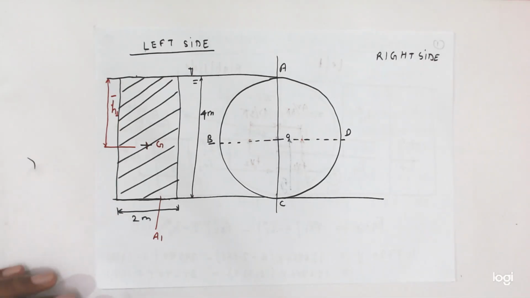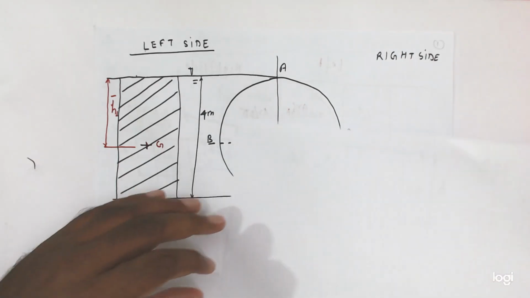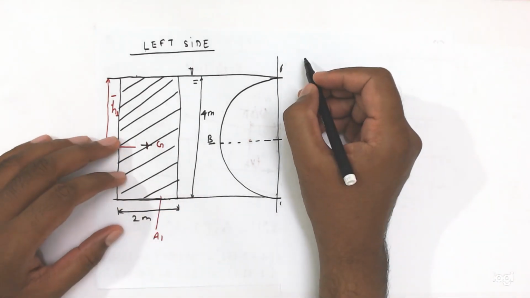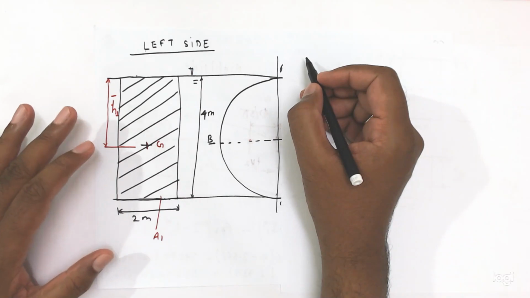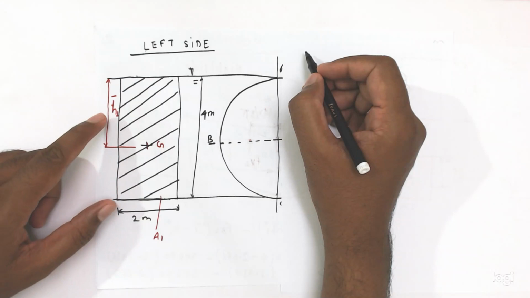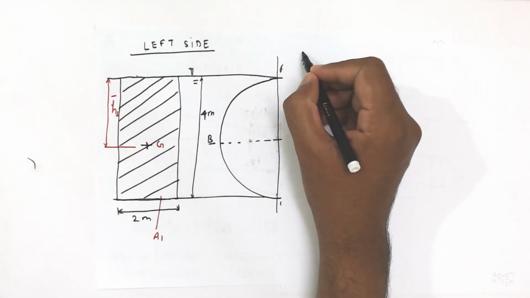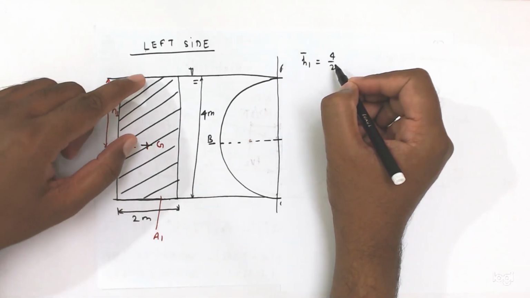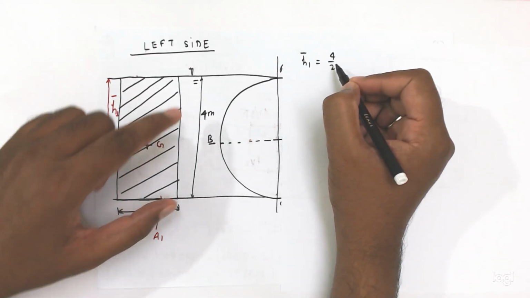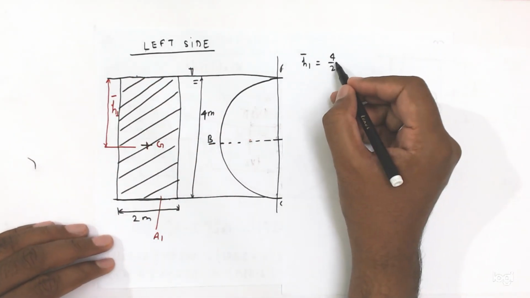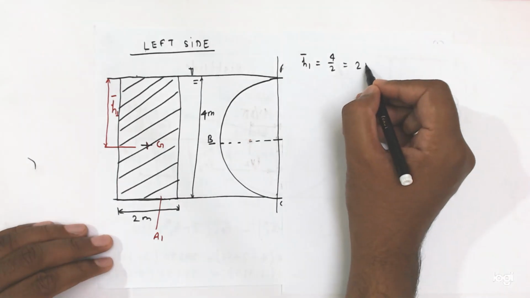So here, if you see, half part, what we are getting, friends? H1 bar is equal to 4 by 2, because center point to this free surface is equal to half distance of the dia, so it is equivalent to 4 by 2 equal to 2 meter.